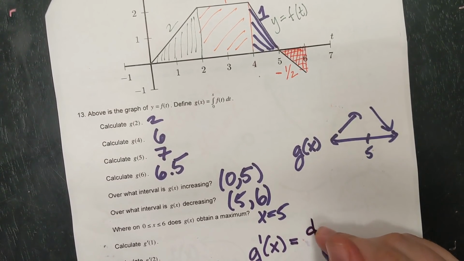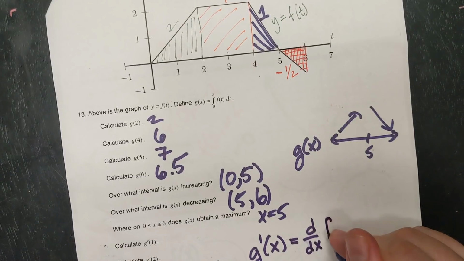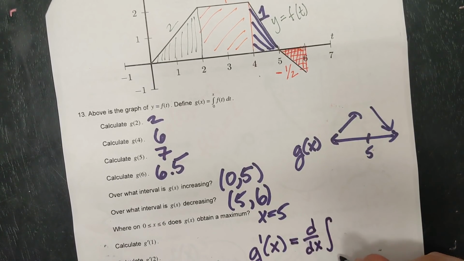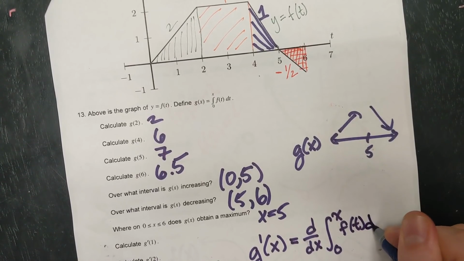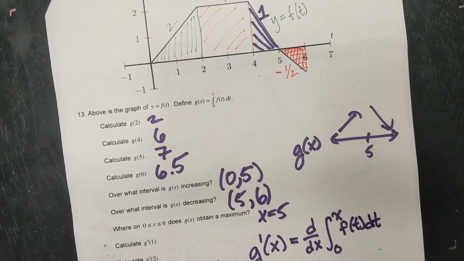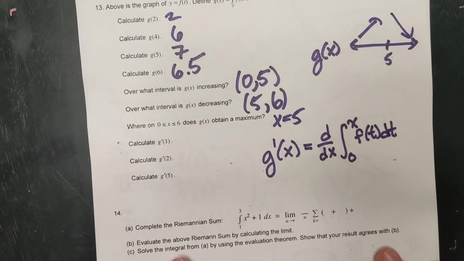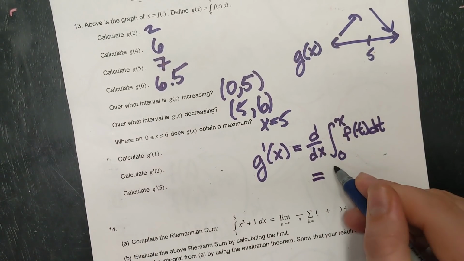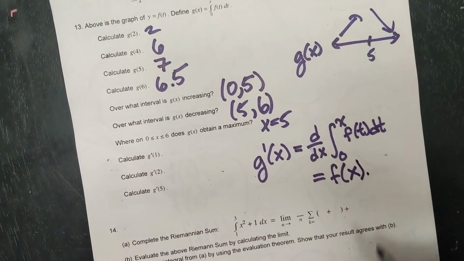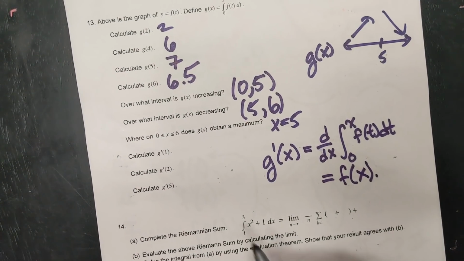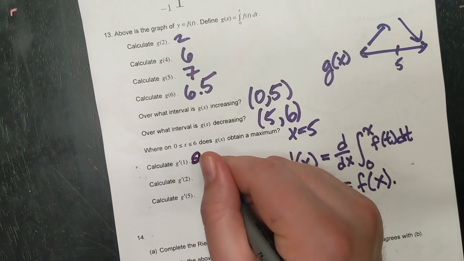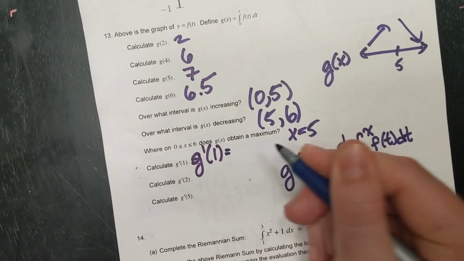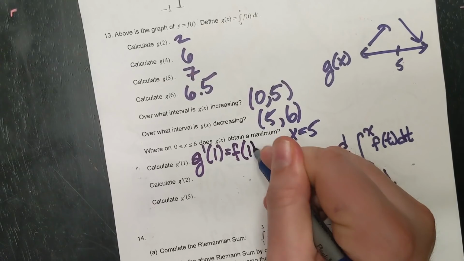That's just the derivative of the integral from 0 to x of f of t dt. So, by the fundamental theorem of calculus, this just comes out to be f of x, which tells me that g prime of 1 is just equal to f of 1.